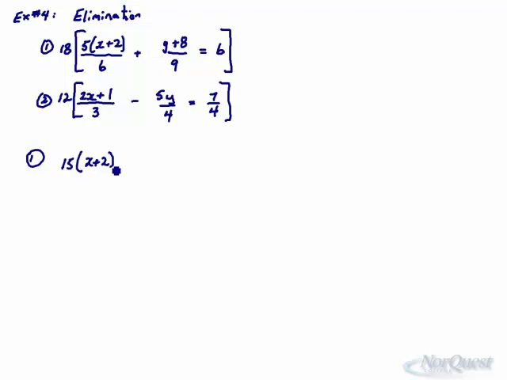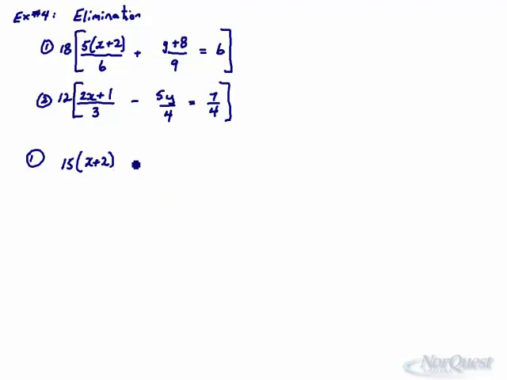Now again, if you don't see this, write the whole thing out, then reduce after. But 18 divided by 6 gives me 3. Multiply by the top, 3 times 5 is 15, and I'll multiply it by x plus 2.